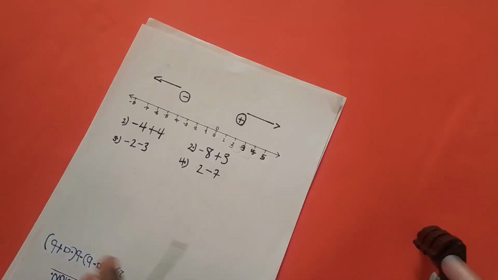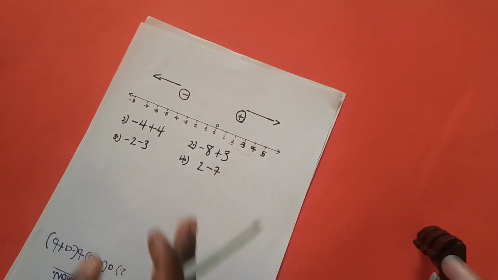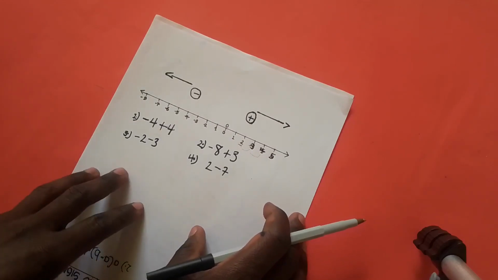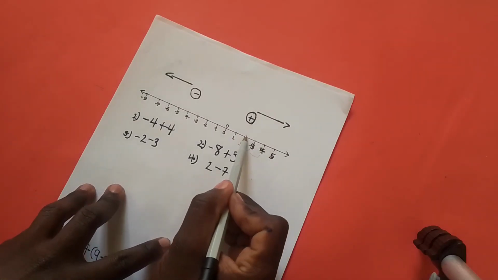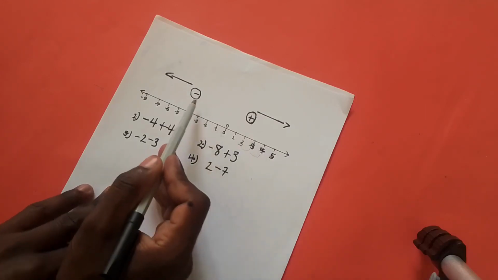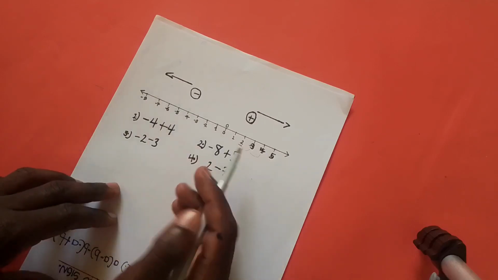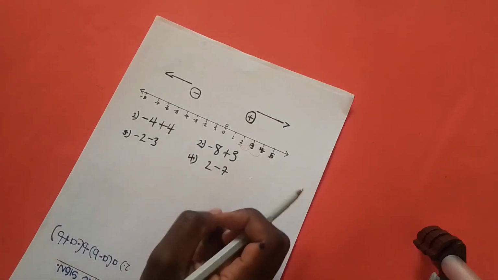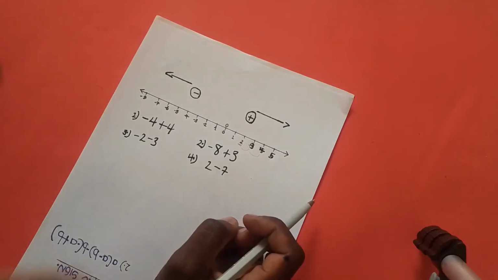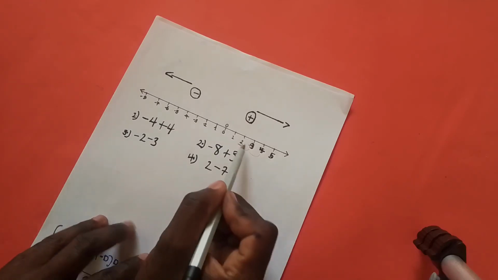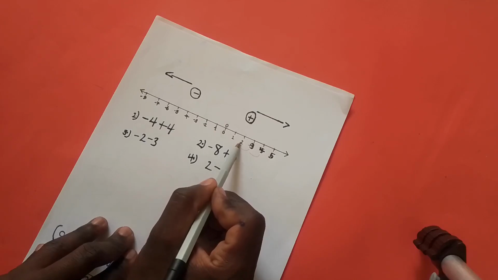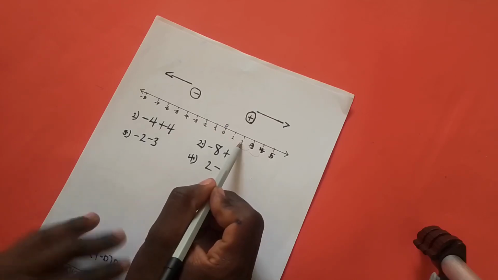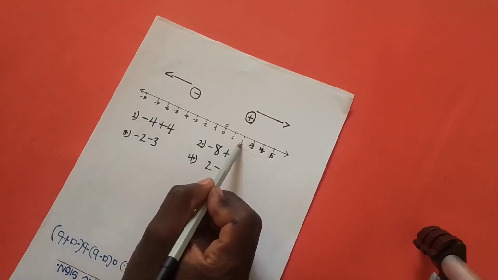So therefore, I've listed some examples to help students master the negative sign, right? So let's start at 2 again. If we say 2 minus 5, minus is the negative direction. Therefore, if we say 2 minus 5, we are going to move 5 steps towards the negative direction. We move 5 steps towards the negative.